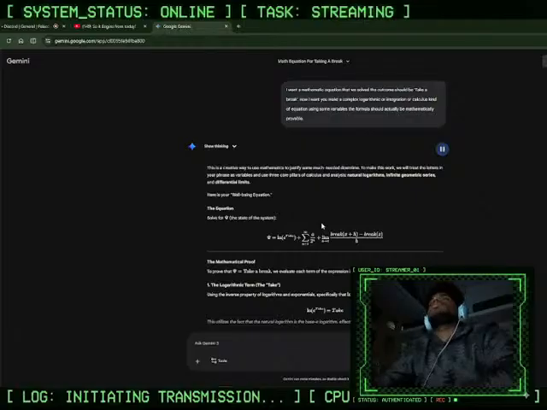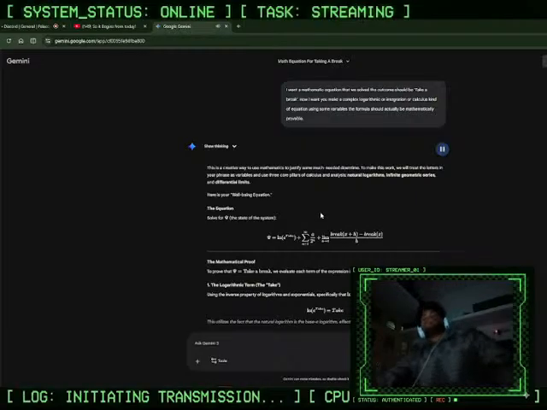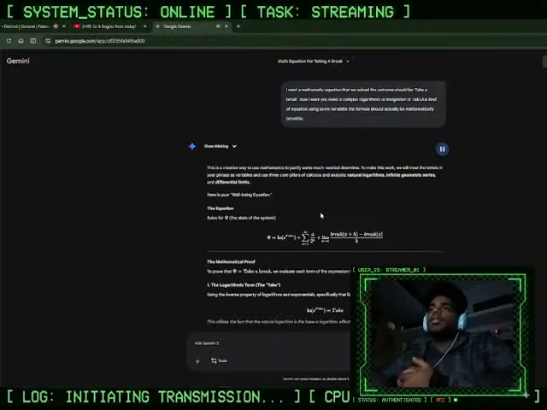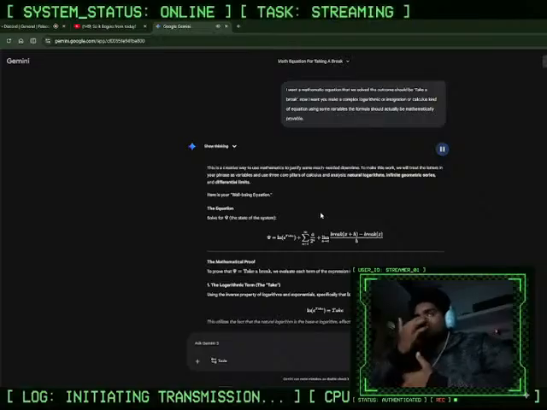Just listen. This is a creative way to use mathematics to justify some much-needed downtime. To make this work, we will treat the letters in your phrase as variables and use three core pillars of calculus and analysis: natural logarithms, infinite geometric series, and differential limits. Here is your well-being equation. The equation. Solve for psi, the state of the system. The mathematical proof.